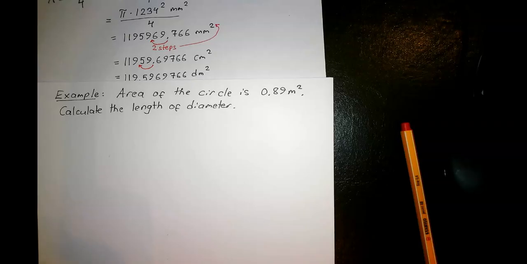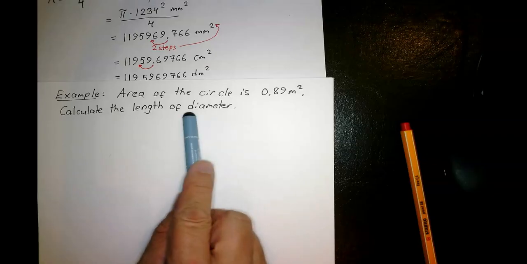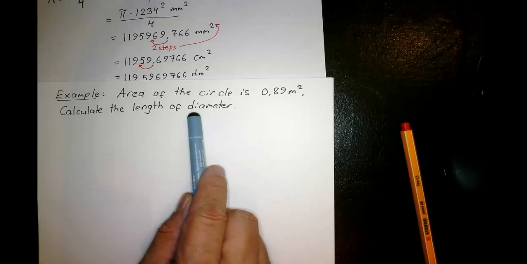Well, it depends what we want the unit of the result to be. That has something to do with what we are going to do next. For example, if we want to get the result in centimeters, the diameter would be in centimeters.